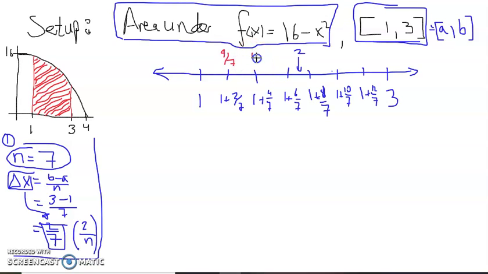And then 11 sevenths. And 13 and 15, 17, 19, and then 21 sevenths. Oh, look at that, that's 3. And we skipped right over 14 sevenths, which is 2. And this is 7 sevenths.